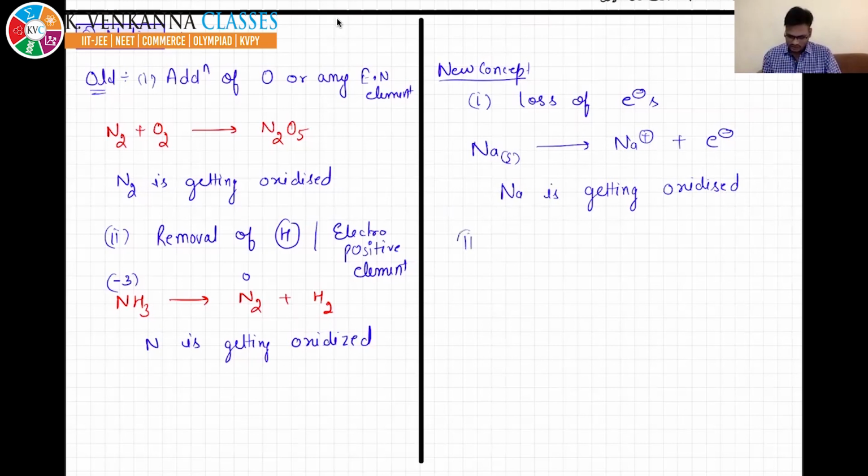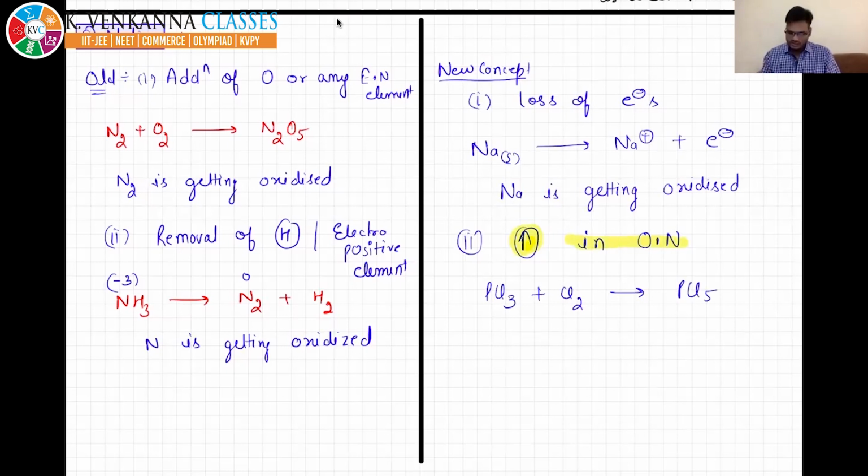Then the other is increase in oxidation number. We need to focus on this because we have studied the oxidation number method in great detail. If in any process the oxidation number of an element is increasing, that will be considered as oxidation. For example, PCl3 with addition of Cl2 gives PCl5.